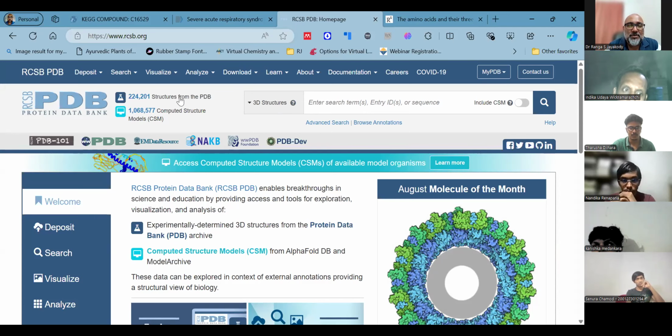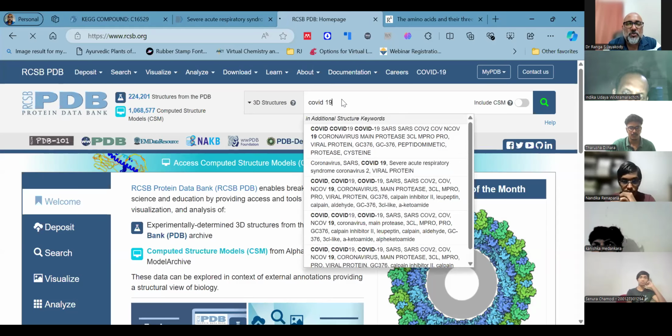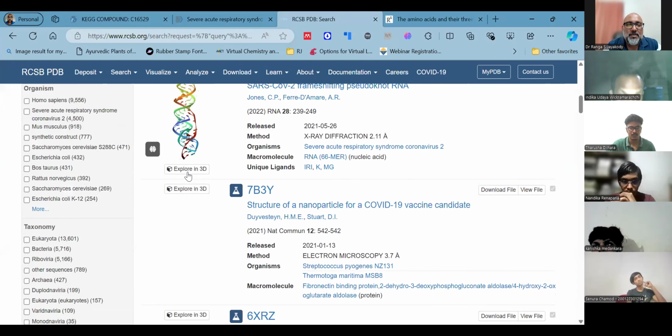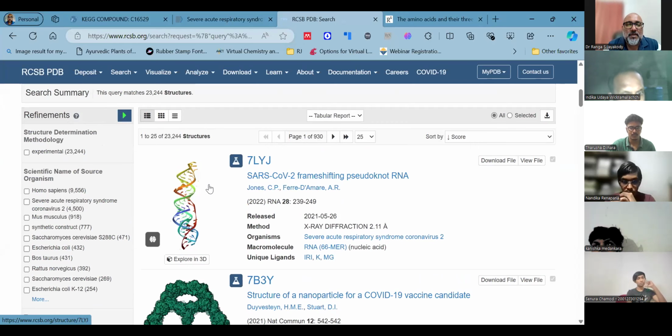So each entry in protein database has a unique PDB ID, right? So if I type like COVID-19, you can search with keywords, and all the proteins related to COVID-19 are given here, right?